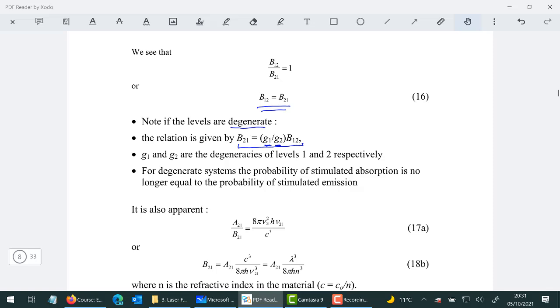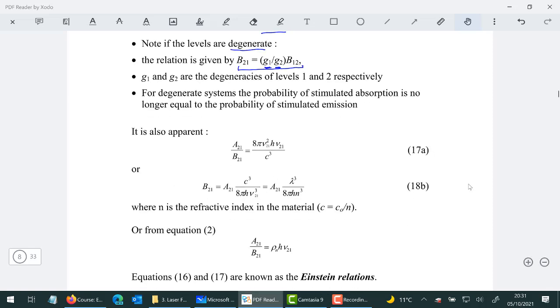For the constants, comparing the two equations, we have that the ratio of A21 over B21 is given by this whole collection of stuff. It depends on frequency and the energy of the photon. That's why I've put the h nu21 separately here and the nu21 squared.